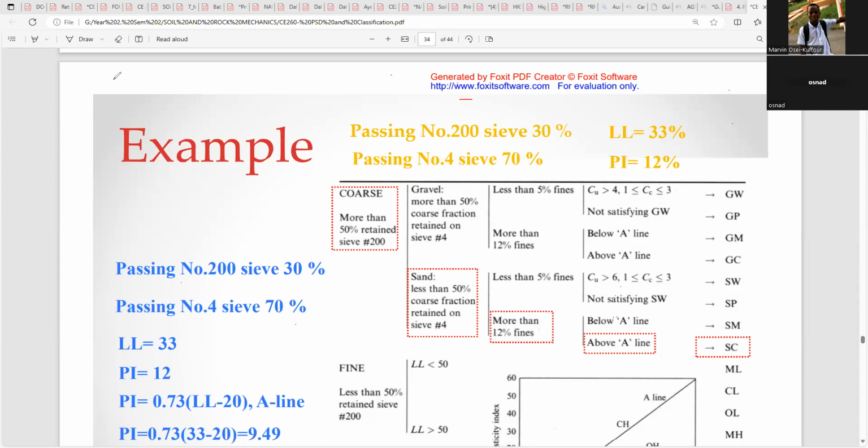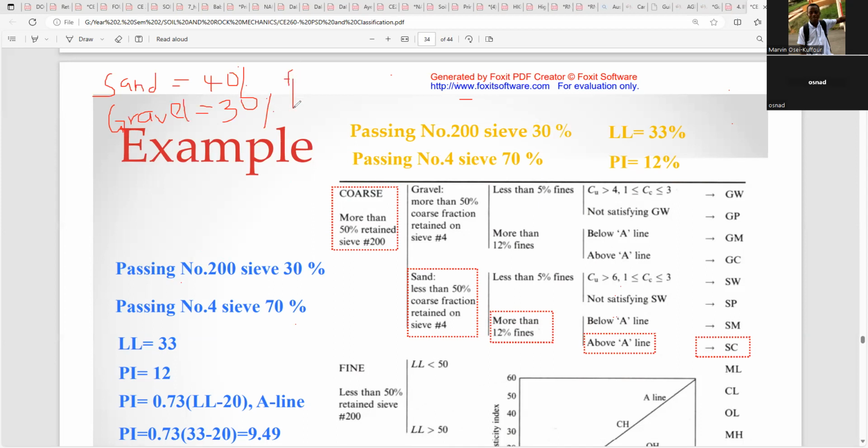So we have sand to be 40%. We have gravel, we have our gravel to be 30%, and we have our fines to be also 30%.